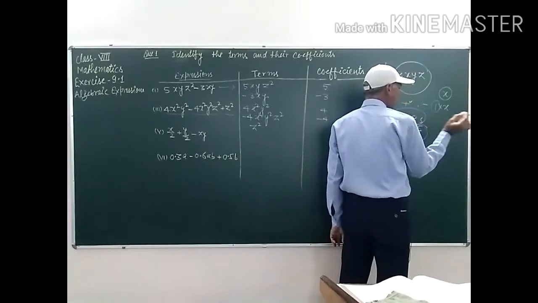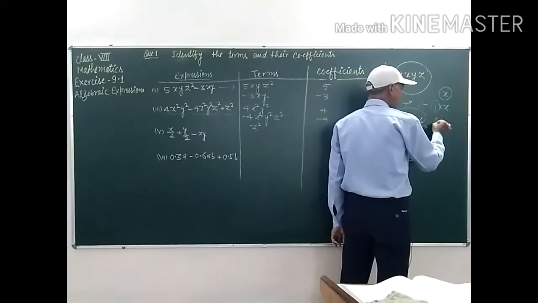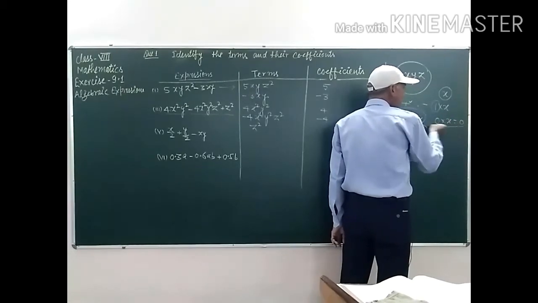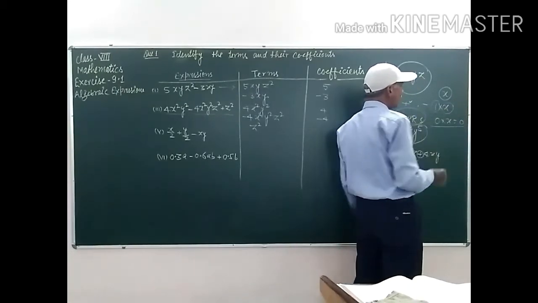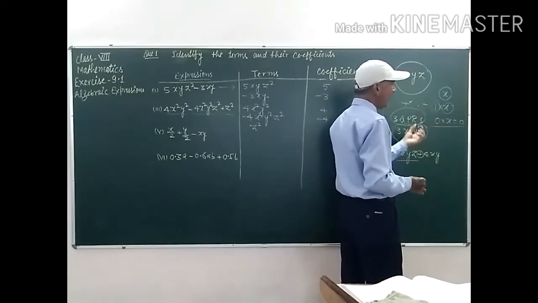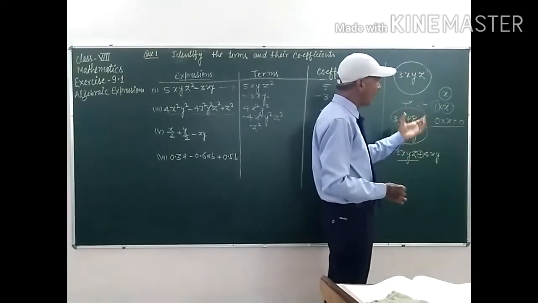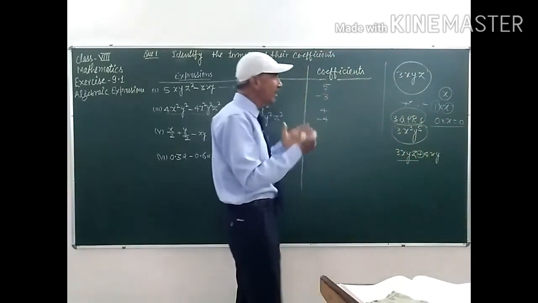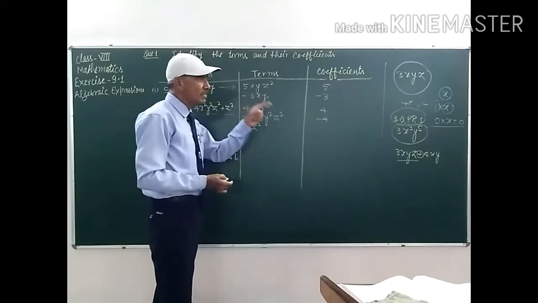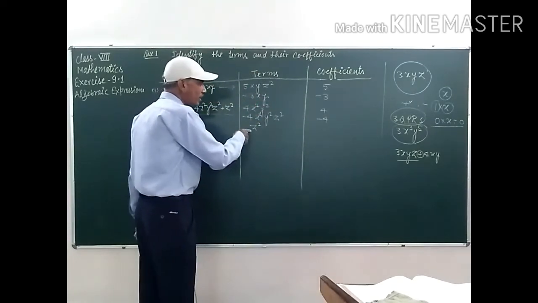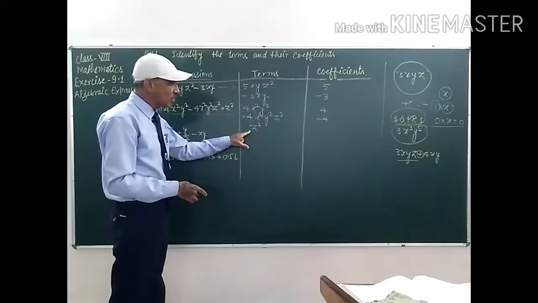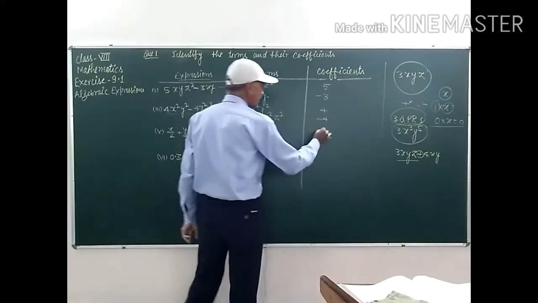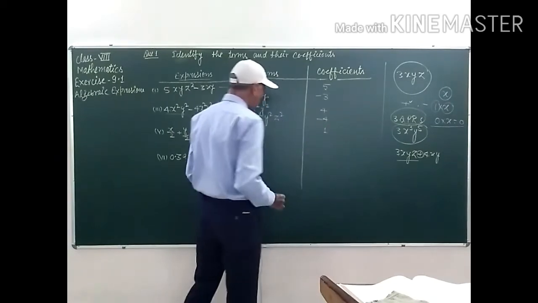If we write this like 0 into x, it means 0. Okay, student? So if there is a term or a variable x, y, z and so on, it means it has been multiplied by 1 before it. It means the coefficient is 1 there. So this one is z square. So 1 into z square is equal to z square. So the coefficient is 1. Okay, student?